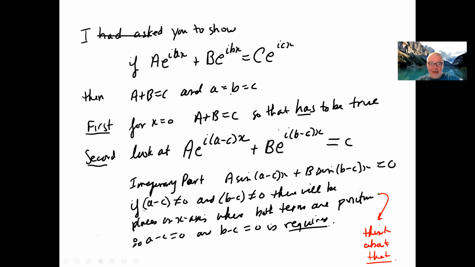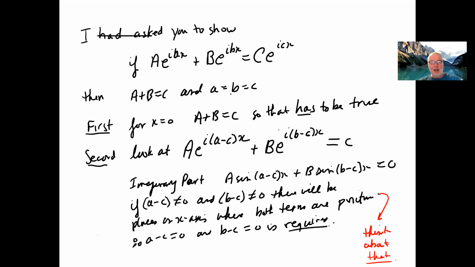And here I'm going to make a statement, and I'm going to ask you to think about it because it has to be true. I'd like you to imagine that if a does not equal c, and b does not equal c, so we have these two sinusoids with different constants multiplied by x, there will be places on the x-axis where both of these two terms are positive.